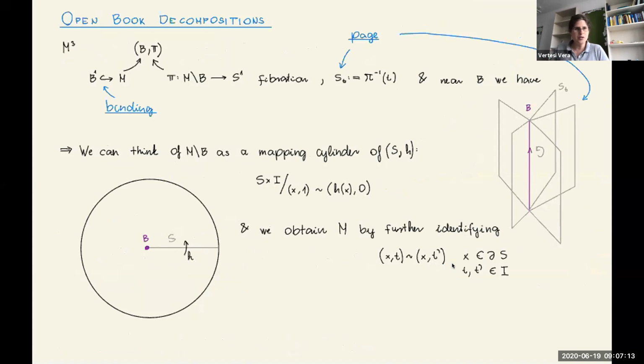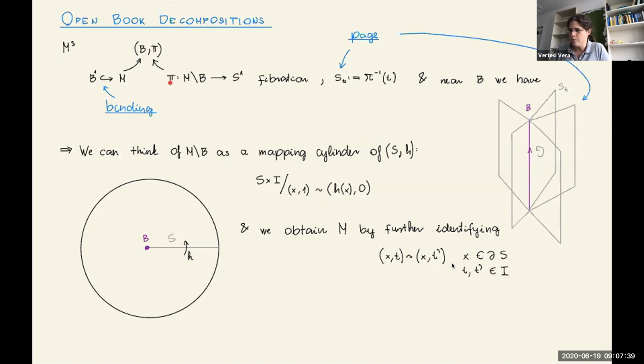An open book decomposition is a way to describe contact structures. I'm going to call the binding B, and then I'm going to think of an open book, in most cases, as an explicit foliation of the complement. I'm not thinking of abstract open books, I'm thinking of open books which are embedded in the contact manifold.